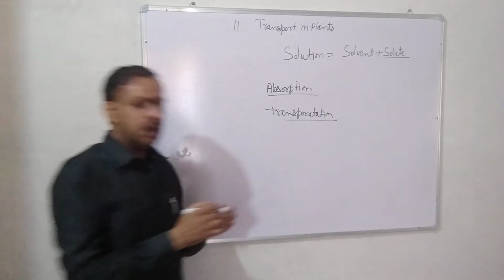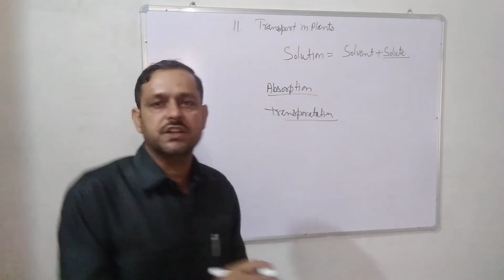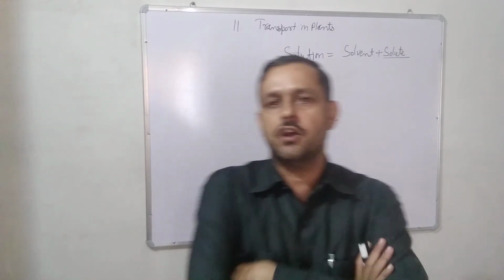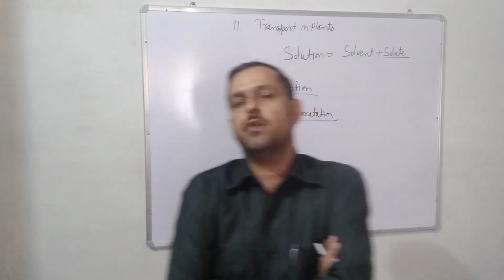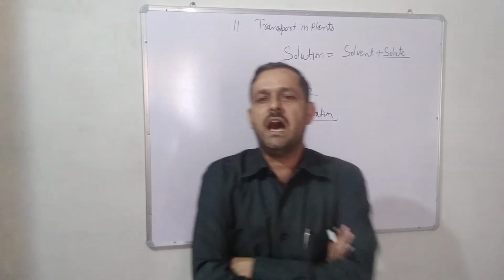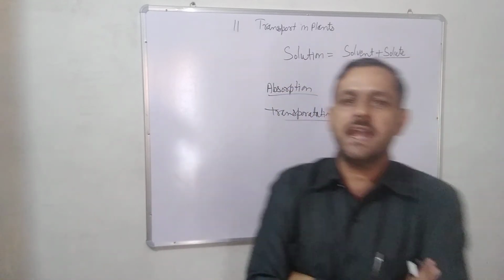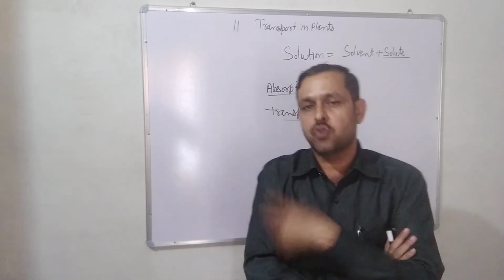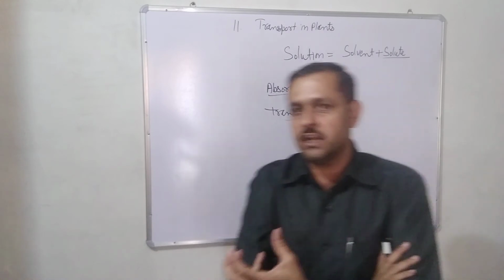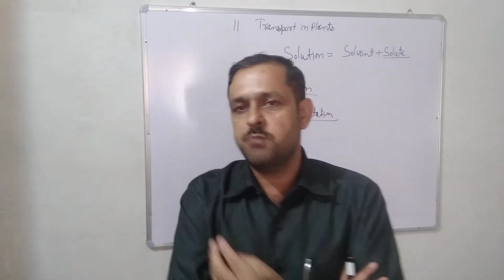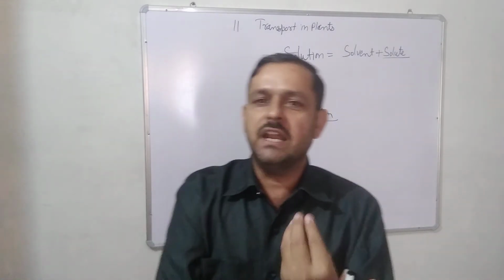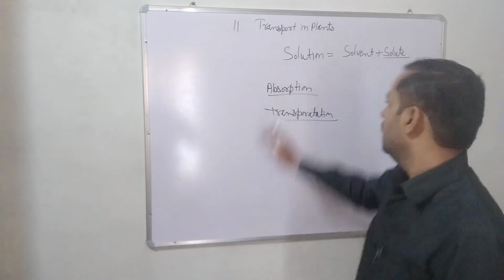Absorption: we have seen the internal and external structure of the root in morphology and anatomy. There are unicellular root hairs present on the root. They absorb water from the outer environment and pass it towards the xylem of the root. This is called absorption.